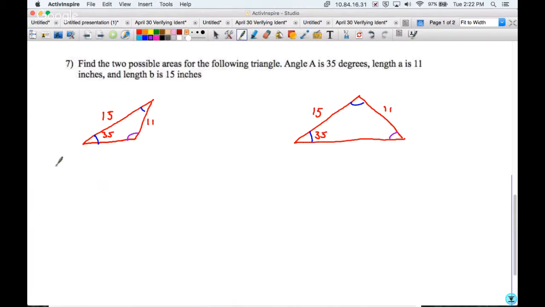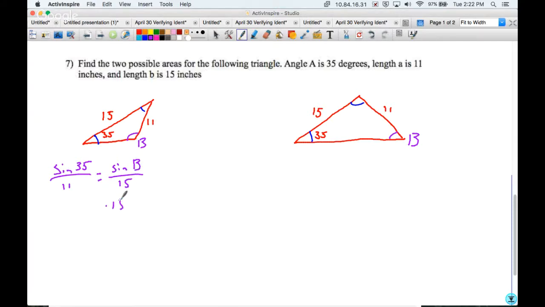So law of sines. The sine of 35 divided by its opposite side 11 should be equal to sine, we'll call this capital B, sine of B divided by 15.